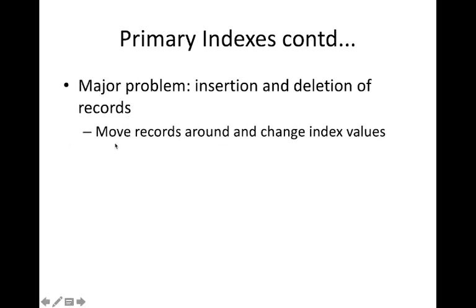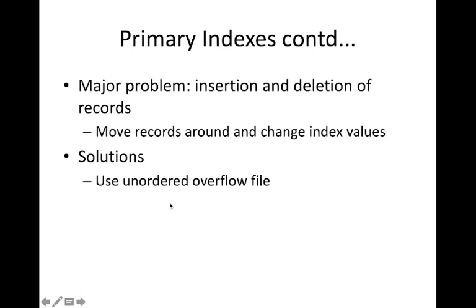One way is to move records around and change all those index values. We have to move everything, so it is a problem. There are different solutions. One is to use an unordered overflow file.